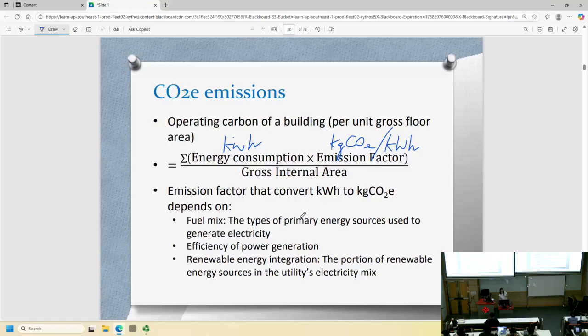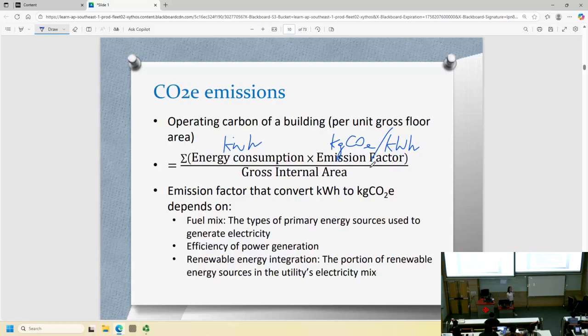So the types of primary energy sources used to generate electricity, the proportion of natural gas, coal, oil, nuclear power, or renewable energy, all these will affect the emission factor. Also the efficiency of the power generation, the type of generating plant, and then the efficiency, and the proportion of renewable energy sources in the utility electricity mix. So all these will affect the emission factor.